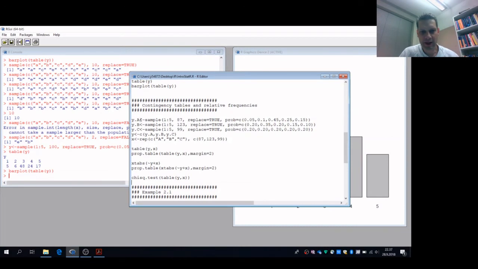But I think the idea here is that we have an x variable which can have 3 different values called a, b, and c. And for each of these categories defined by this explanatory variable, we have values related to the y variable, which can have values 1 to 5.